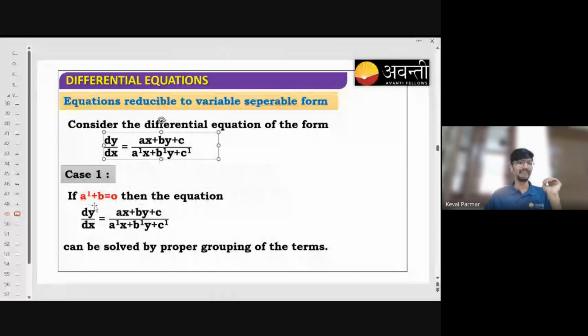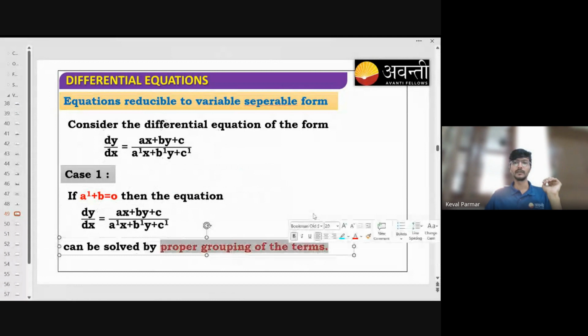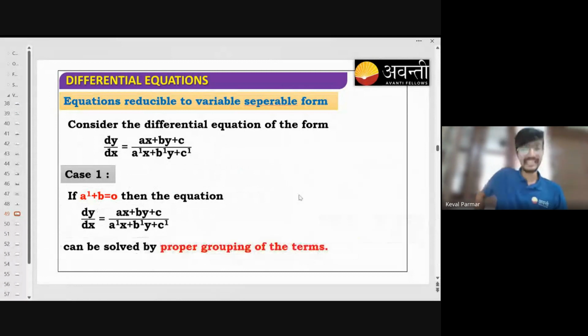This is the relation: A1 plus B is equal to 0. Then this equation can be solved by proper grouping of the terms. We will also see this question, similar to case 1, in the last part of the chapter, which we call exact differential. We'll discuss what is called exact differential, but we'll introduce the word in this case.